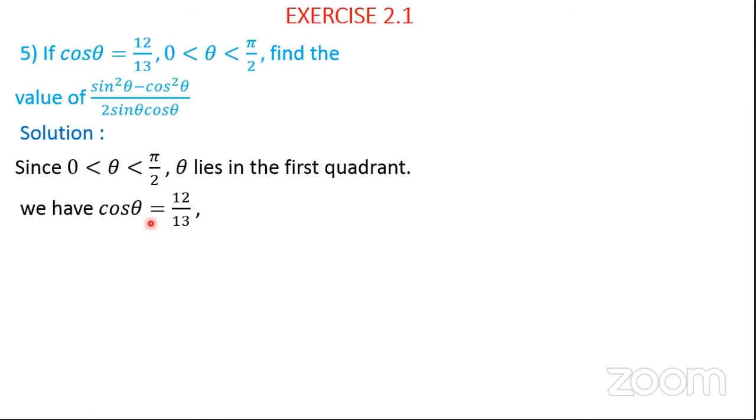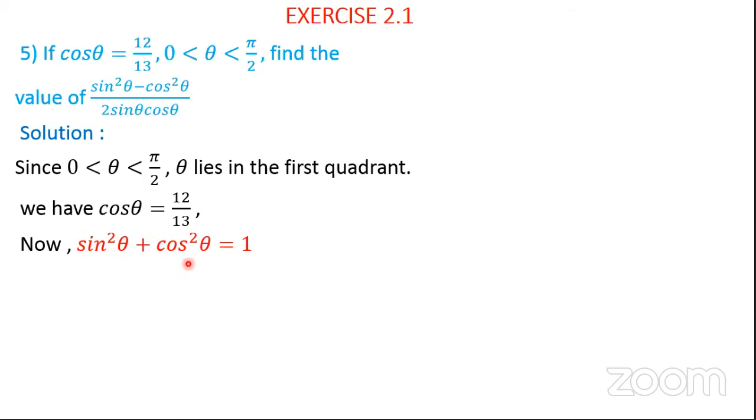Here cos theta is given as 12 by 13. For finding out the value of sine theta, we will use the fundamental identity that you have learned in 10th standard also. That fundamental identity of trigonometry is sine square theta plus cos square theta equal to 1.